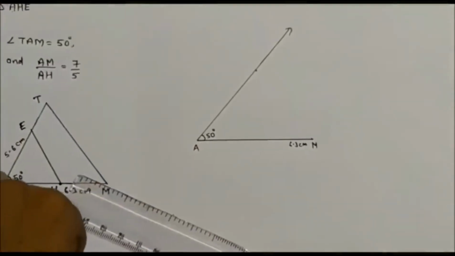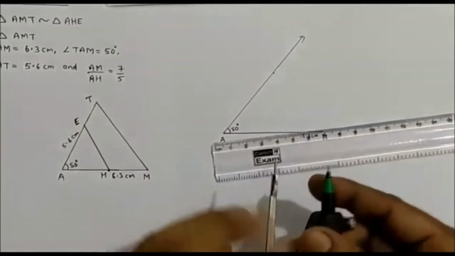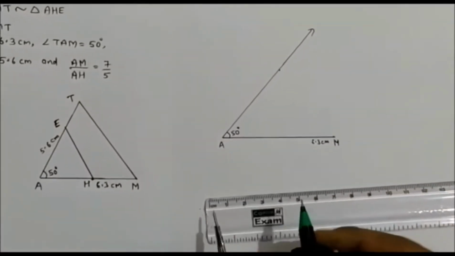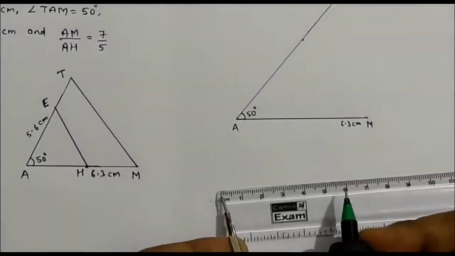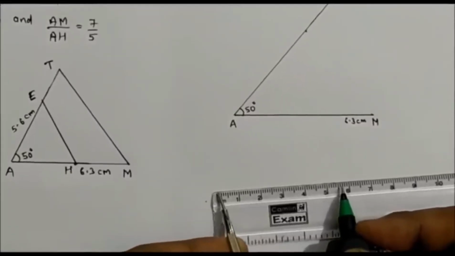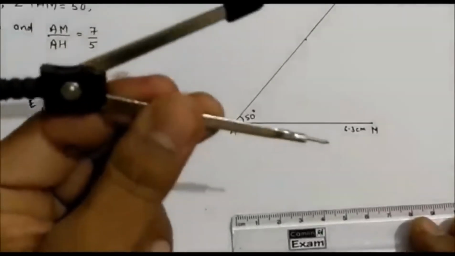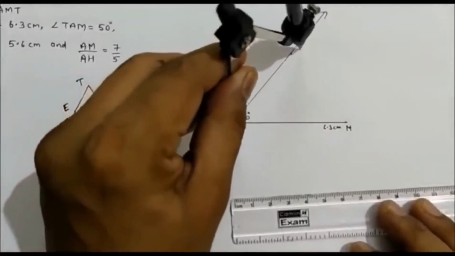Now the distance of AT is 5.6 centimeter. So we'll take 5.6 now. Students, you can see we'll take 5.6, and from point A you cut an arc here.